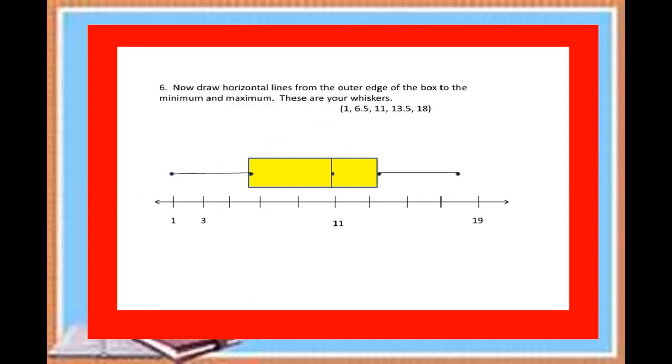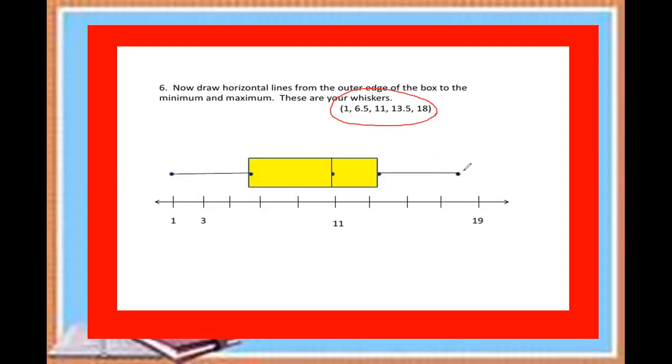This is now the box plot of this set of values that we have just mentioned, showing the lowest value, the median of the lower half or the quartile 1, the median of all the data, the median of the upper half or the quartile 3, and the maximum value, which is 18.